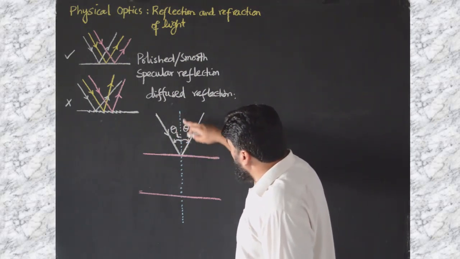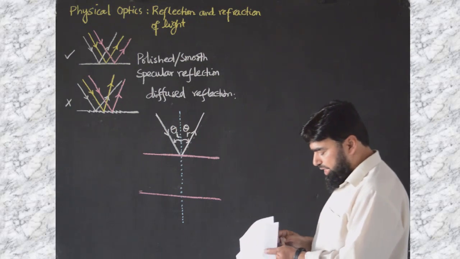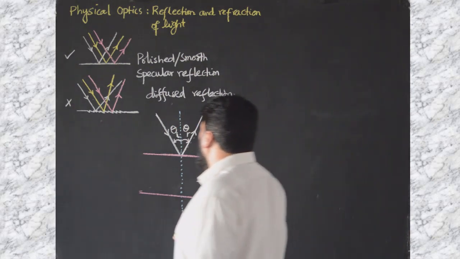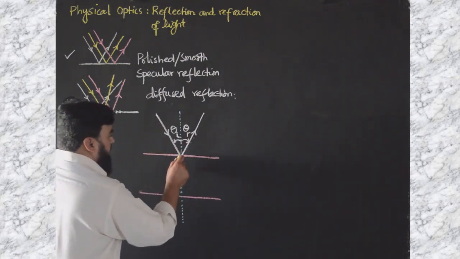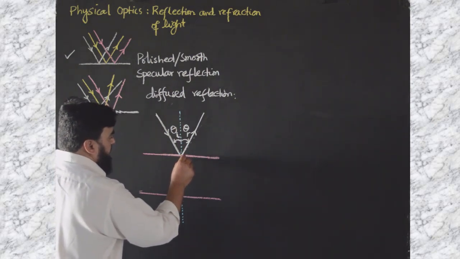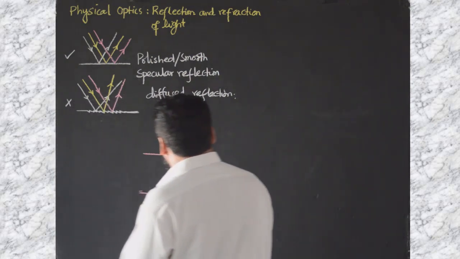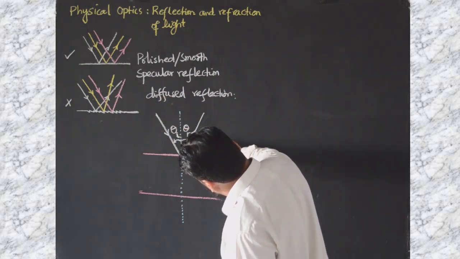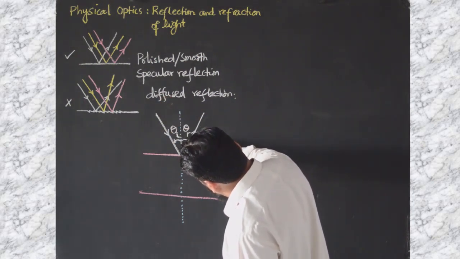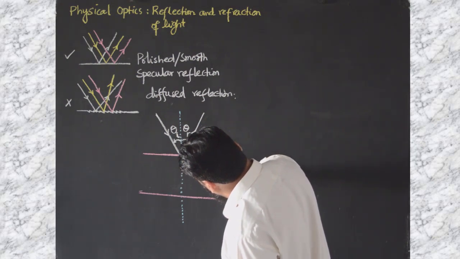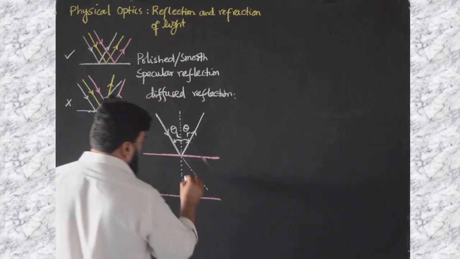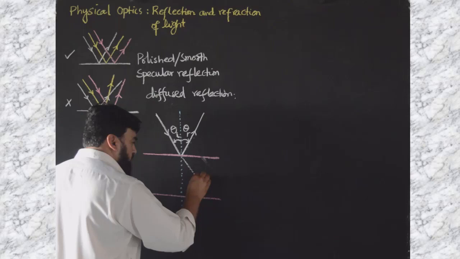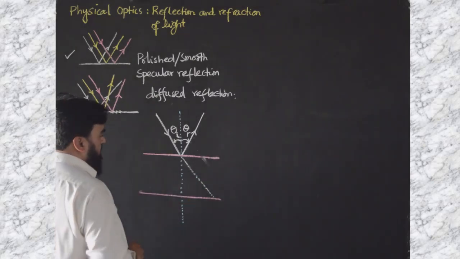With this perpendicular we will have to calculate this angle. There is a possibility that some of the light will go straight, in this direction in which it was supposed to go.